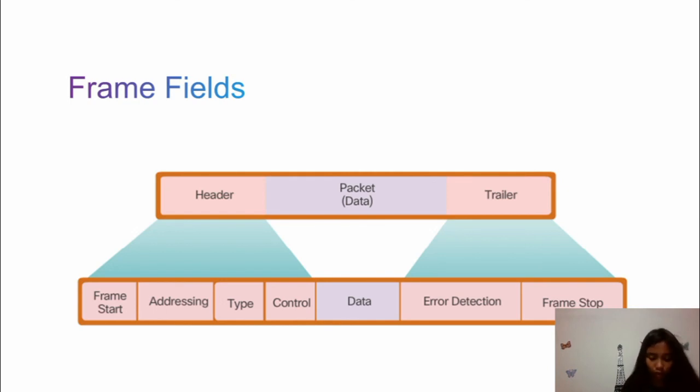It is used for error detection and is included after the data in the trailer. For the next one, we have the frame stop. Just like the frame start is the beginning, the frame stop is the ending, or the last one.